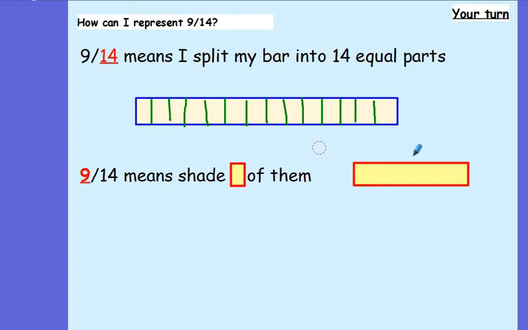This time we're going for 9/14, so I need to shade in 9 of those. 1, 2, 3, 4, 5, 6, 7, 8, 9. So hopefully your bar model will have looked like this.